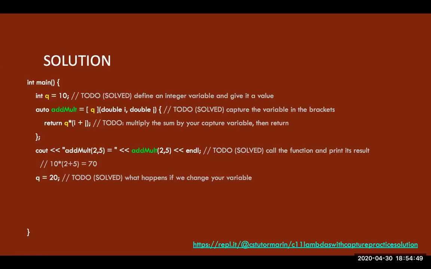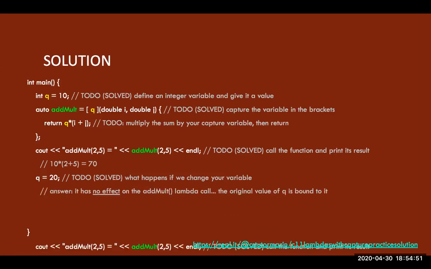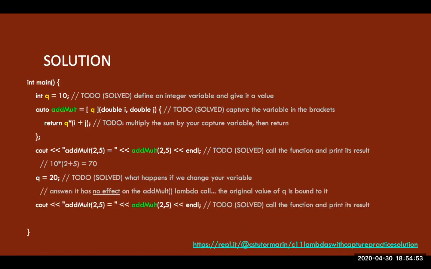So changing Q is not going to affect it because, like our functors that we talked about at the beginning of the lecture, that thing is locked in. It's part of the constructor for that particular lambda that we're creating. And so it's not going to change. And in case my terminology is confusing you, I bring up the functors because there are a lot of parallels, because the compiler is building one behind the scenes for us.